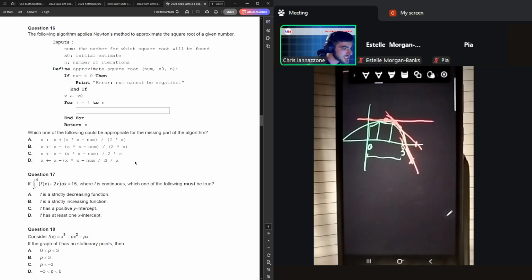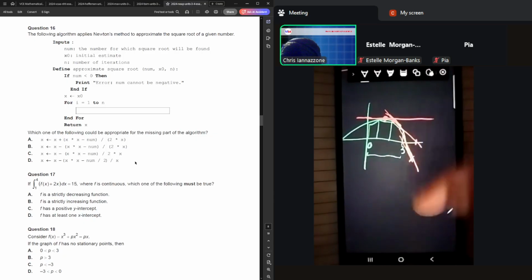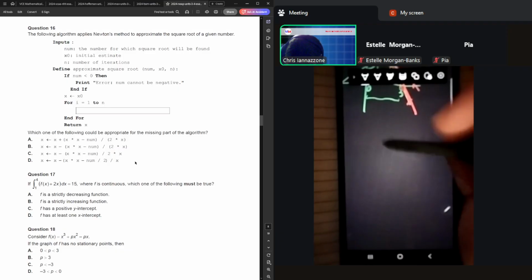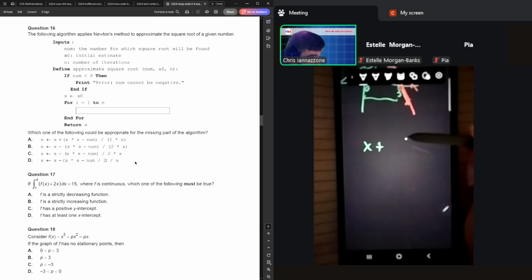Let's suss it out. So what's actually happening in A, for instance? X plus x by x minus number. Let's write this out in a clearer way so we can actually understand it. X plus x squared, I get. Oh, that's just x by x.